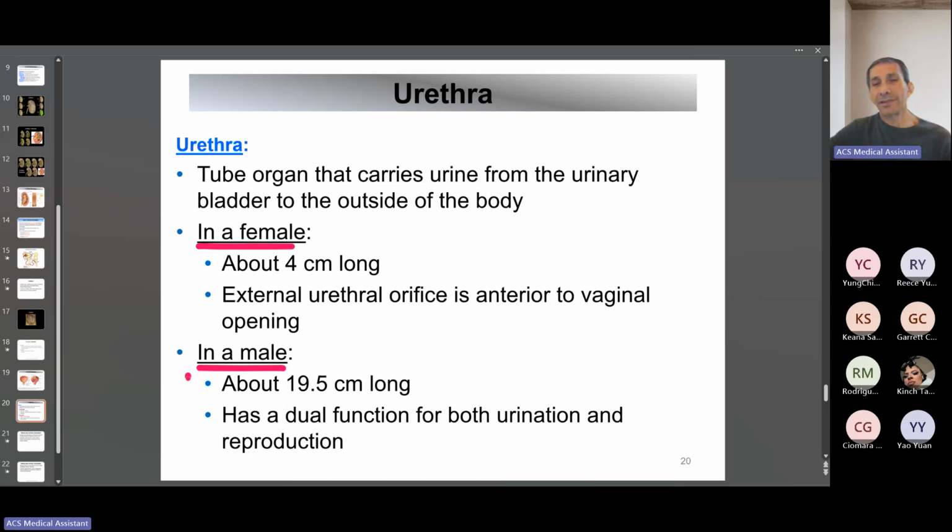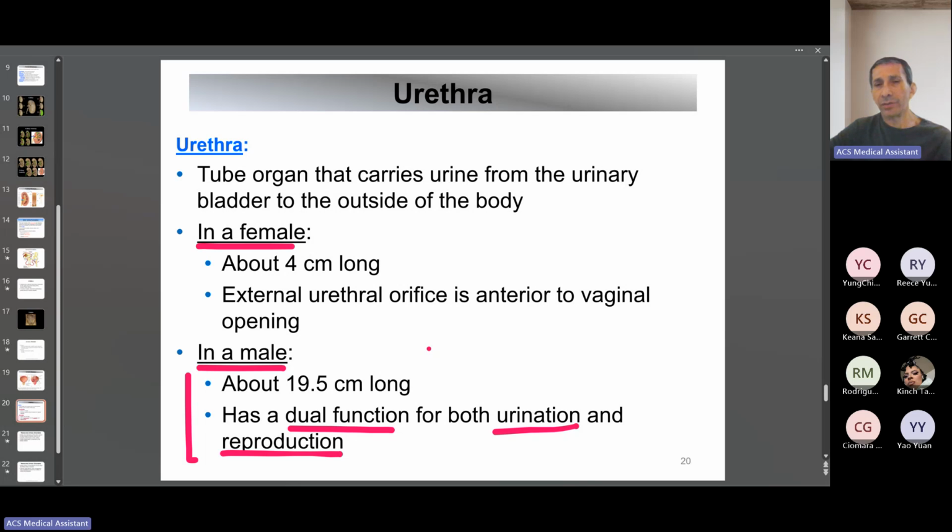Now, for the males, because there are more things, it has a dual function. So the urethra in males has a dual function because urine passes through, but the seminal fluid as well. Whereas in females, no, the urethra is one canal, just a tube to drain urine.